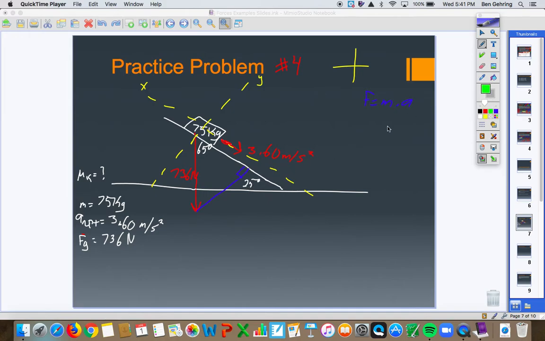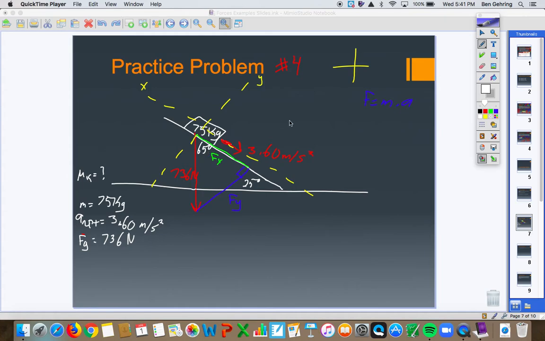And I have a horizontal component which goes from this point to here. So I have an F in the x direction, F sub x, and I have an F sub y. And I can find my F sub x using my trig functions.